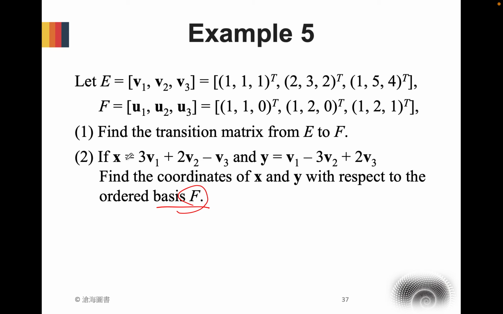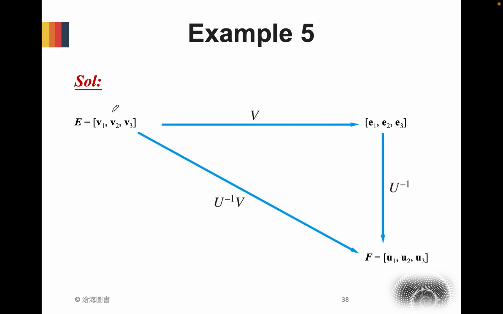Originally, the vector X is written with respect to the basis E. But now we want to read it as coordinates with respect to the basis F. So how can we do that? Remember this relation. We want to transform from V1, V2, V3 to U1, U2, U3, right?